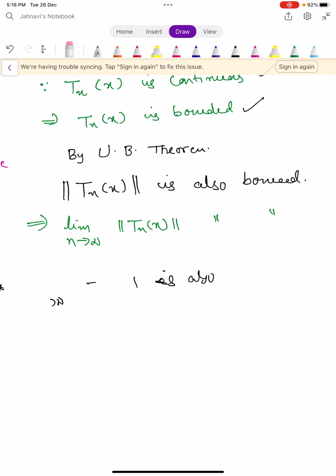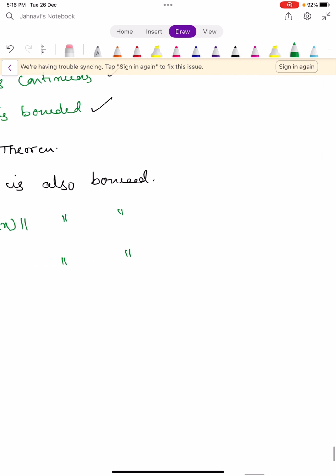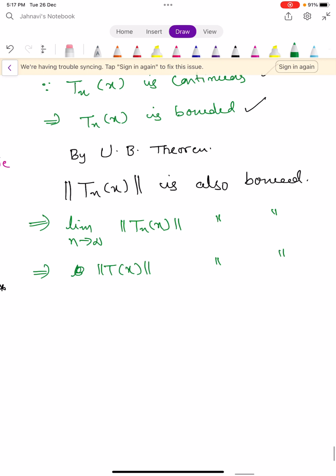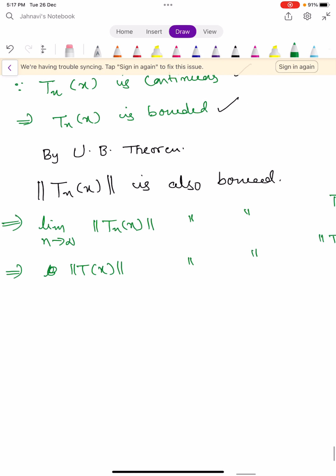This limit is equivalent to norm T of x. So norm T of x is also bounded, because T of x is equal to limit Tn of x. So norm T of x is equal to limit norm Tn of x. So you can conclude that norm T of x is also bounded.